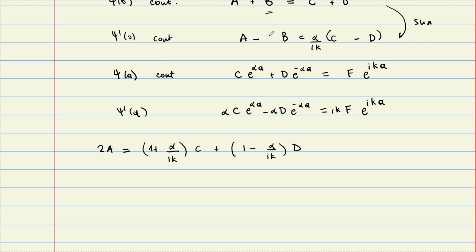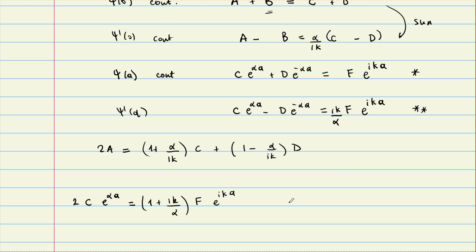Now I want to do exactly the same thing for this one. Let's divide with alpha and erase this one and this one. If I sum this one and this one, you can see these first terms are going to cancel. So this is going to be 2C e to the alpha A is equal to 1 plus ik over alpha F e to the ikA.